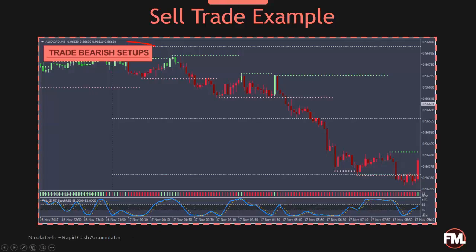First example over here, we need to check the direction says trade bearish setups, fine. Here we have the breakout. So we need to check if the histogram is red. In this case it's red, and price must be below 35.